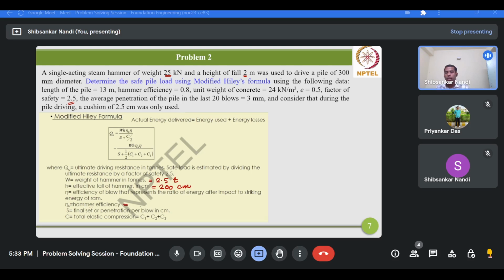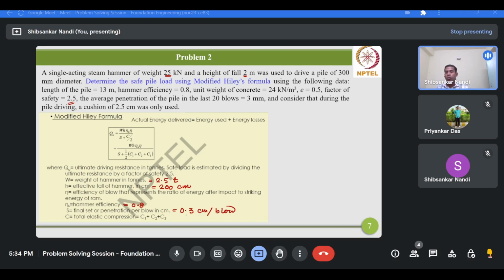So this is given as 0.8 directly to this problem. Okay. Then S, this is the final set or penetration per blow in centimeter. So in this problem, the average penetration of the pile in the last 20 blows is given as 3 millimeter. So in centimeter it will be 0.3 centimeter per blow.